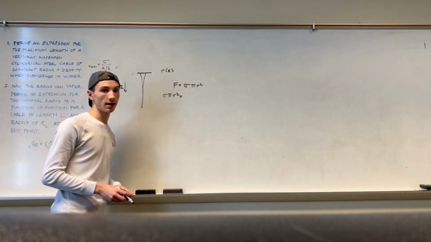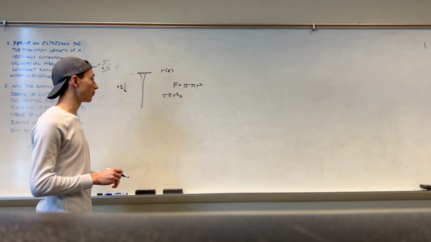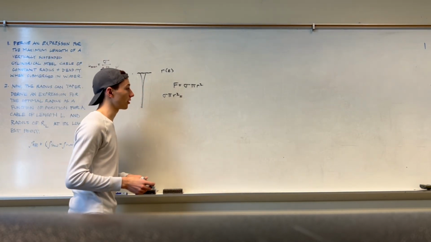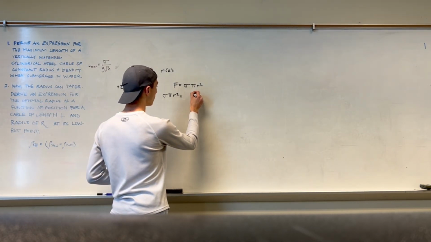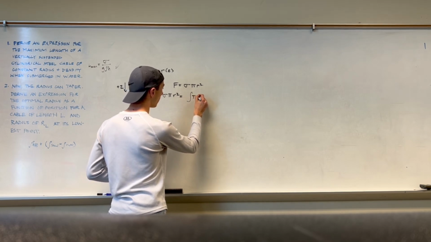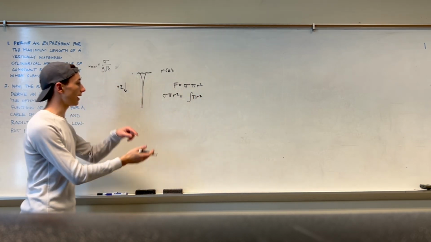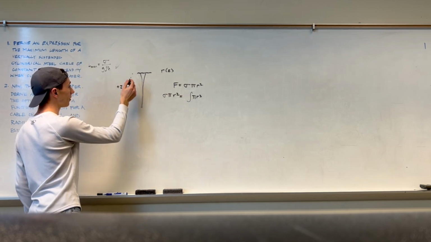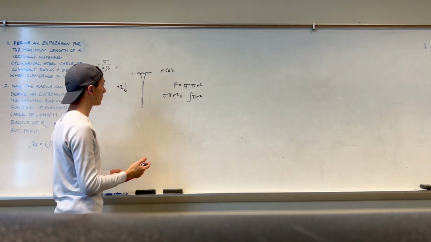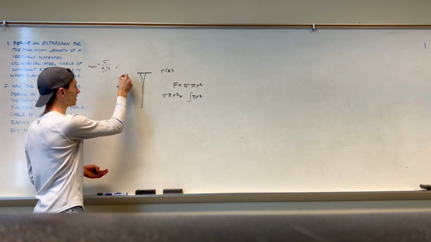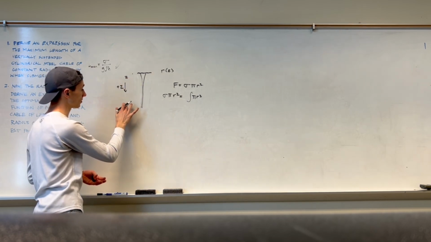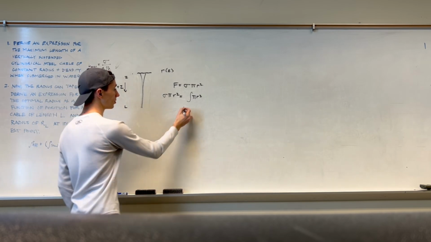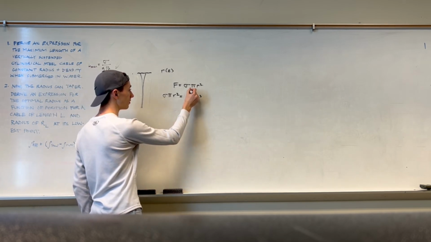We can use the disk method if you're familiar with that from Calc 1 maybe, or Calc 2, I don't remember, where we can integrate our area along the length. We really are interested in going from a depth of z to the bottom, right? So any depth of z back to the bottom. So we'll go from z to L.